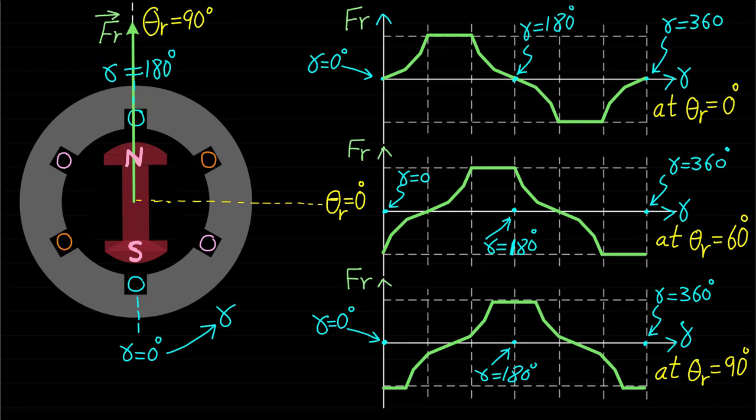So now it is obvious that these figures show how the rotor magnetic field Fr is rotating, or moving, with rotor movement at different rotor positions. As we can see, each of these plots has been generated from a particular rotor position angle.